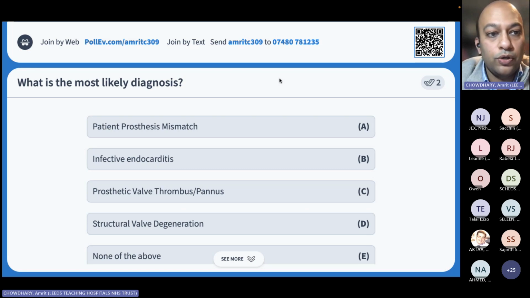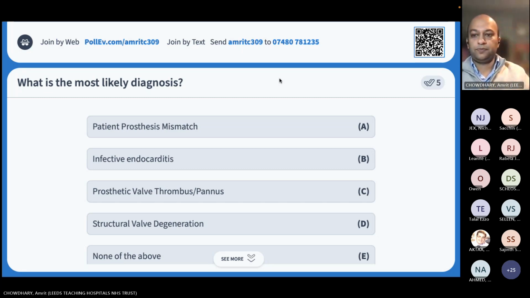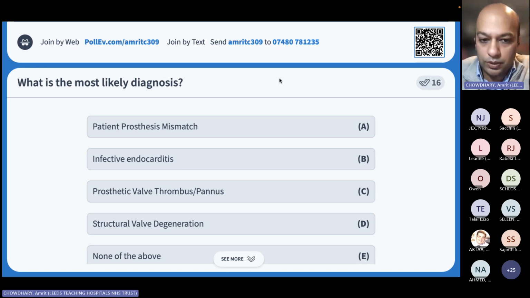Either scan the QR code, vote online, or text in as well. Okay, we had 16 votes till now. Let's give it a few more seconds for some more people to vote, and then see what people thought.